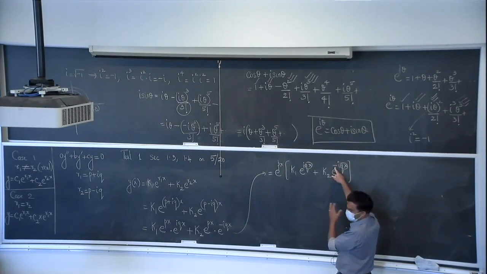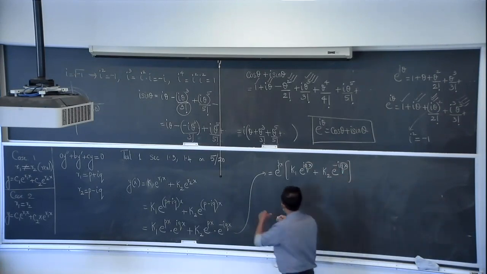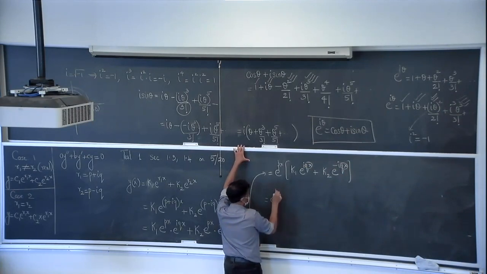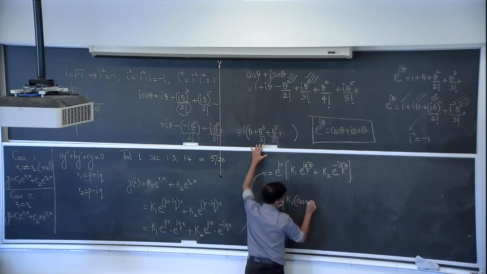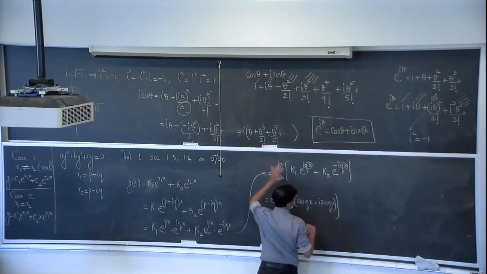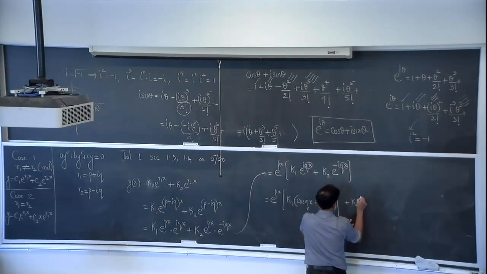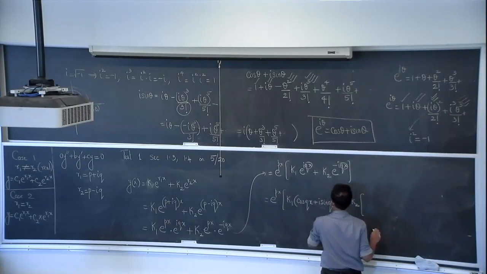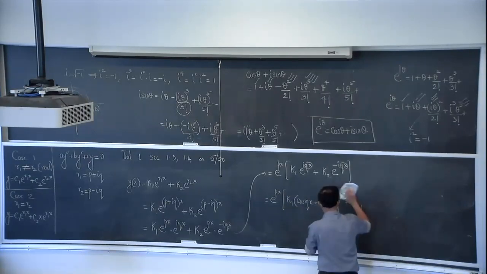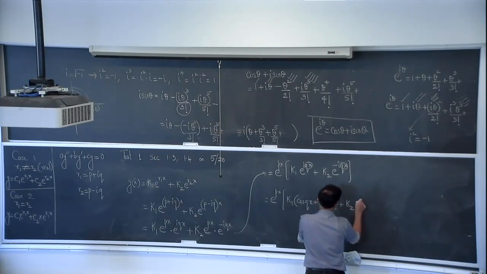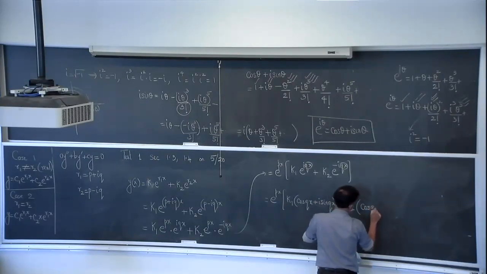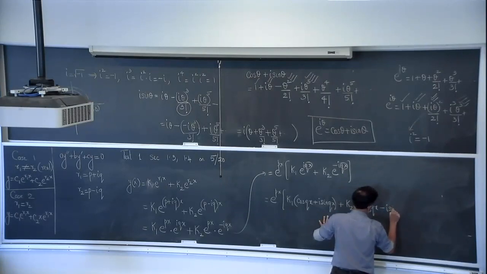The only difference is a negative sign, which you can just negate in the middle term. That's going to be e to the power of px times k1 times cosine of qx plus i sine qx plus k2 times, I need to be careful with my brackets here, so this e to the power of px is multiplying the whole thing, plus k2 times cosine of qx minus i sine qx.